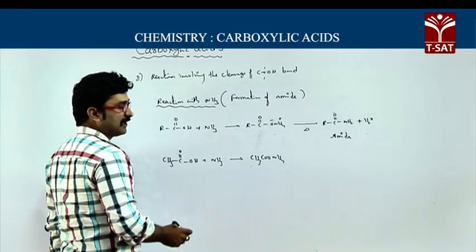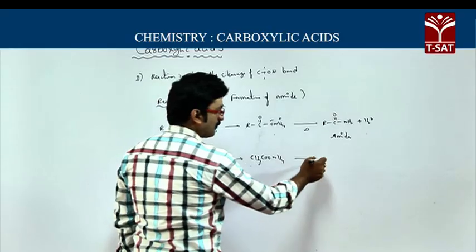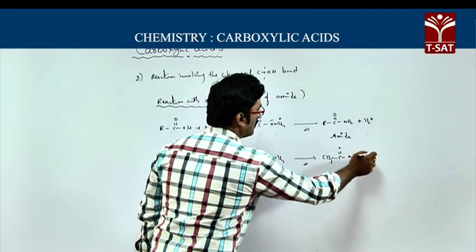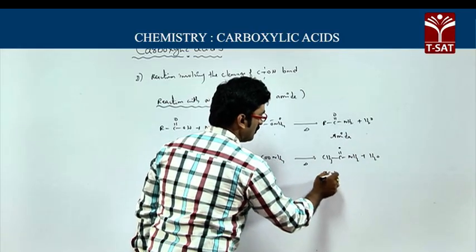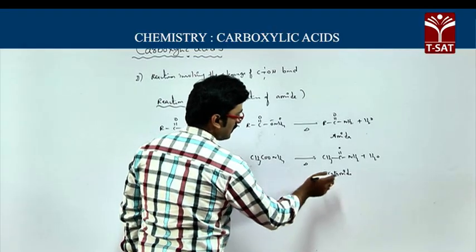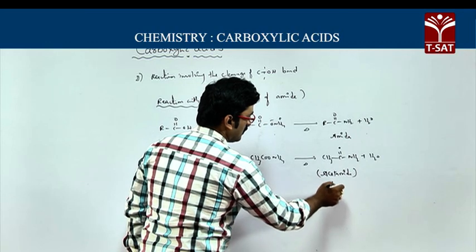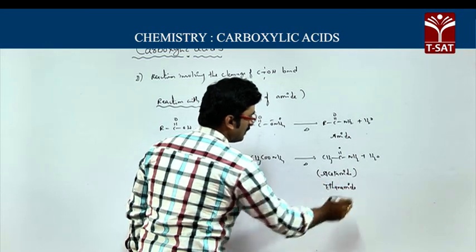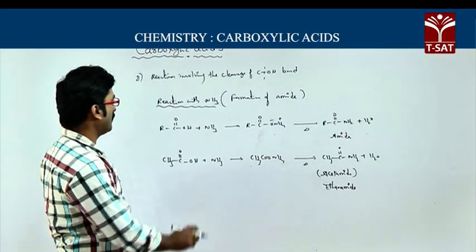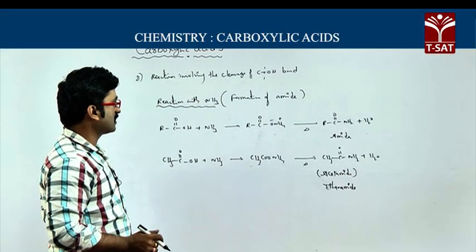This is called ammonium acetate, which on heating produces CH3 C double bond O NH2 plus H2O. It is known as acetamide. This is a common name, and the IUPAC name is ethanamide. Ethanamide is the IUPAC name, acetamide is the common name. So this is the formation of amides from carboxylic acids.